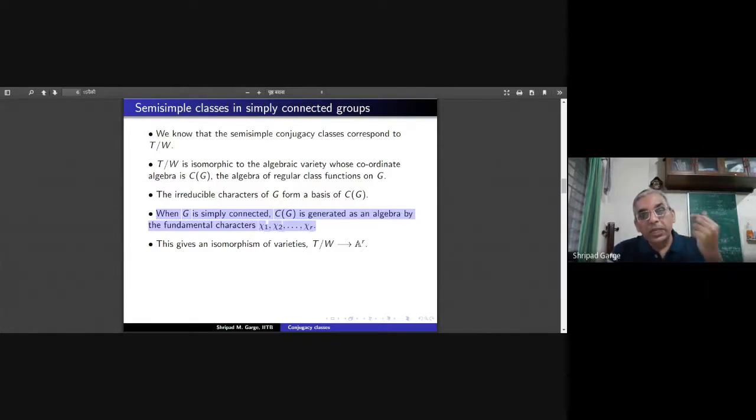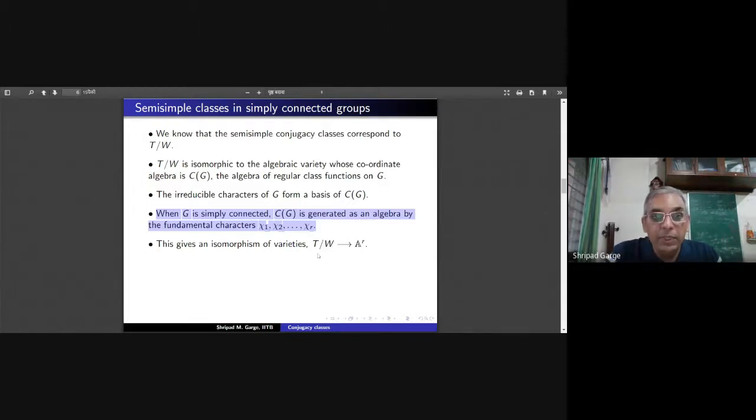The corresponding character of that fundamental representation is called the fundamental character. So CG is a polynomial algebra on these algebraically independent functions. Therefore, it's a polynomial algebra in R variables.